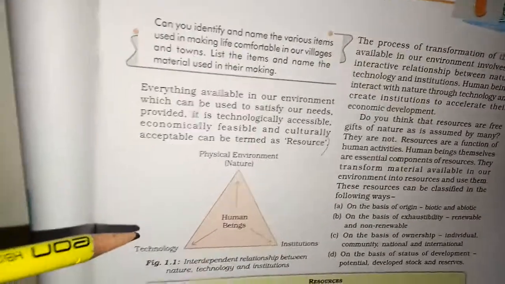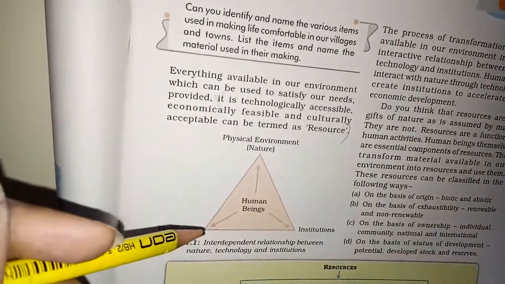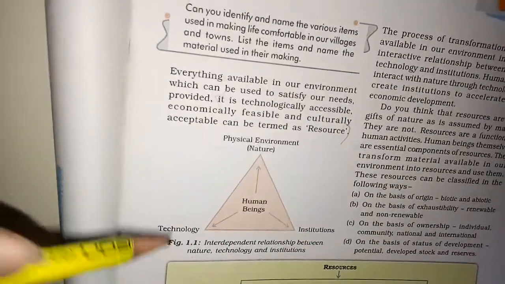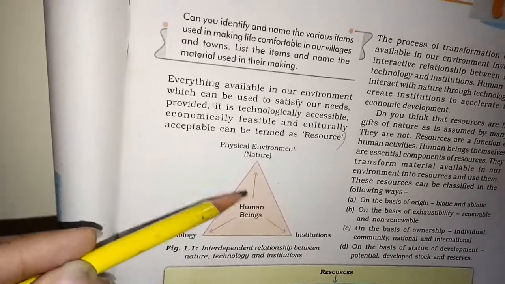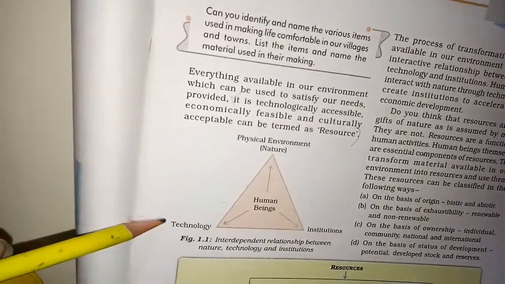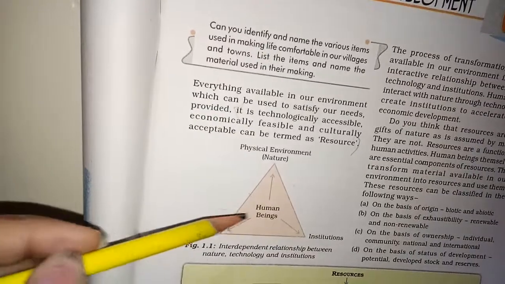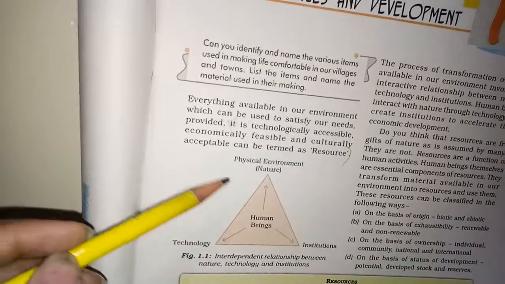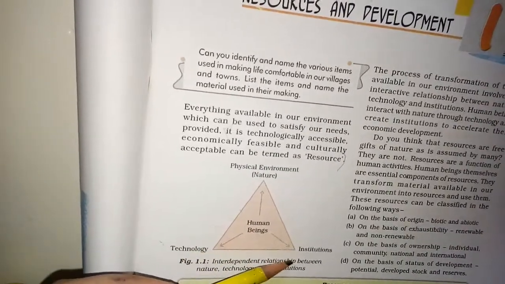Now we can see here a diagram of the interdependent relationship between nature, technology and institutions. Human beings are dependent on technology, and technology is made by human beings. Then human beings are dependent on the physical environment, which is nature, and also on institutions.